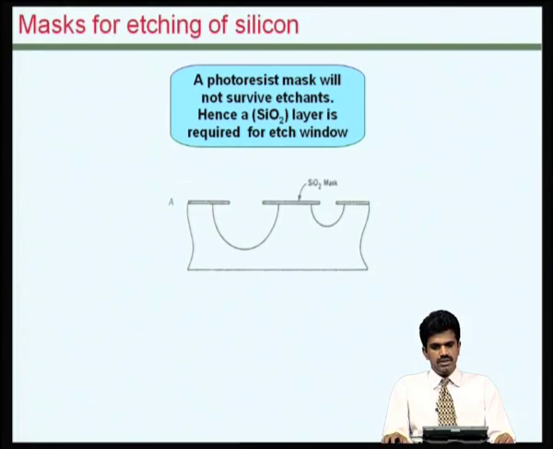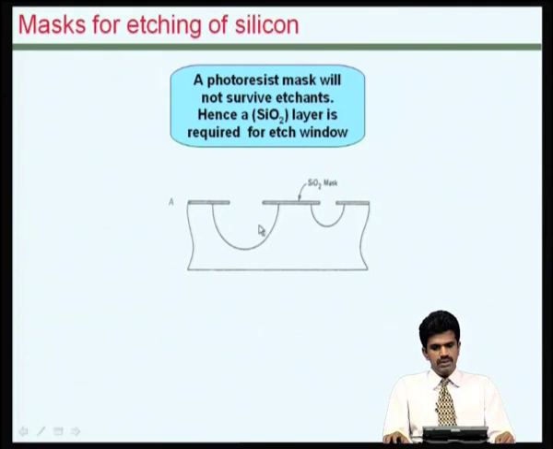Silicon dioxide is a popular material for such mask windows. Silicon nitride is even better to function as mask window. What decides it is essentially the selectivity of the chemical that you would use for etching the silicon.